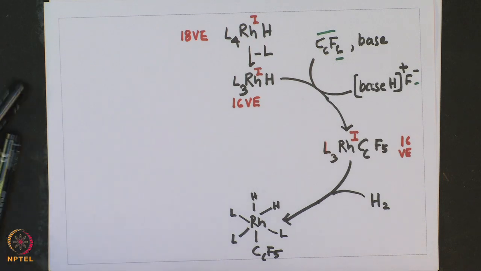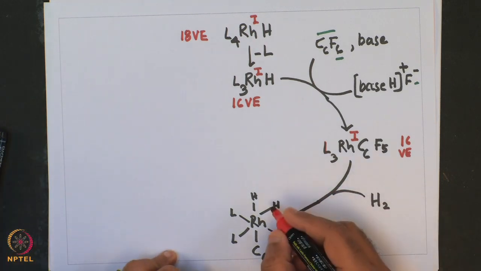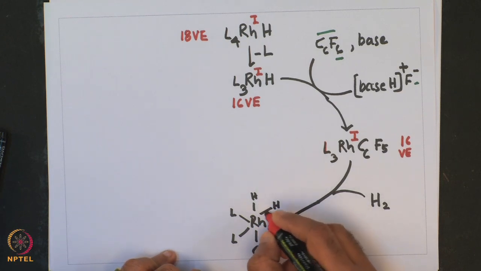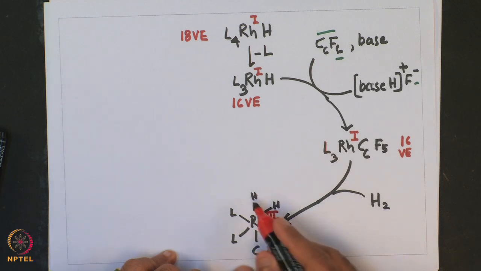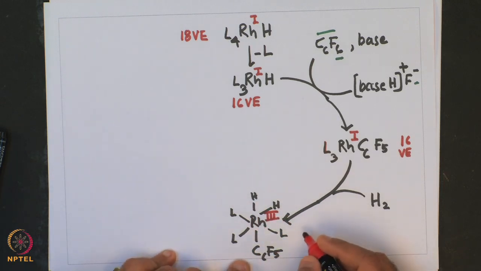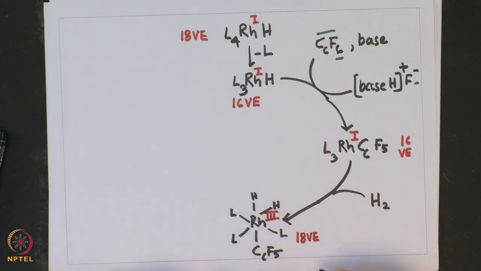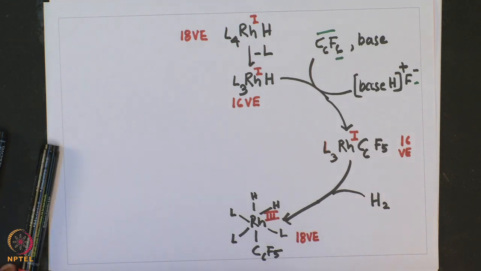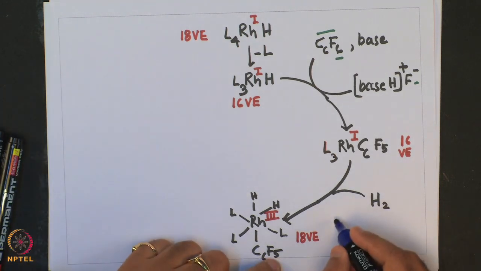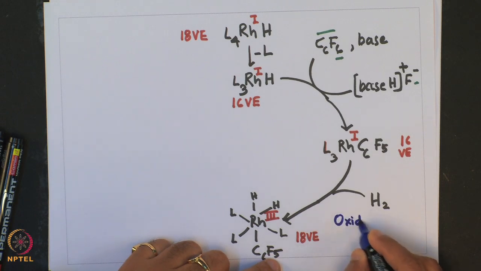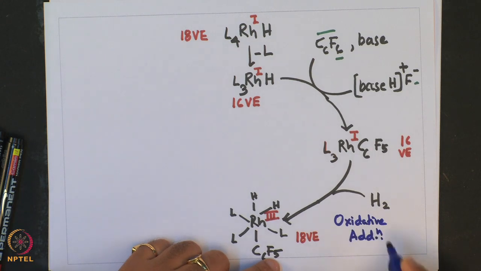Here the rhodium is in +3 oxidation state, and this also has become an 18 valence electron complex after the oxidative addition of the dihydrogen has occurred. So, this step is an oxidative addition step.